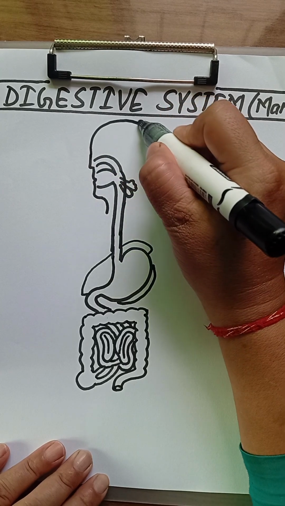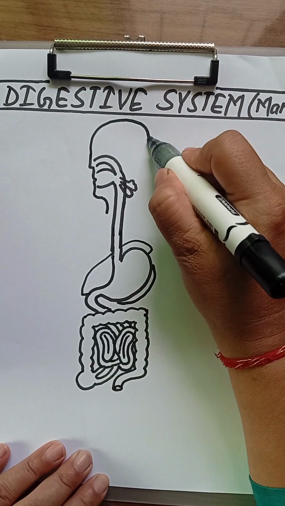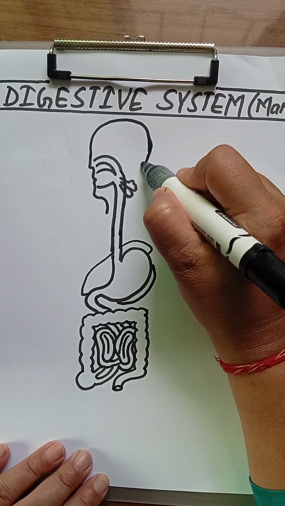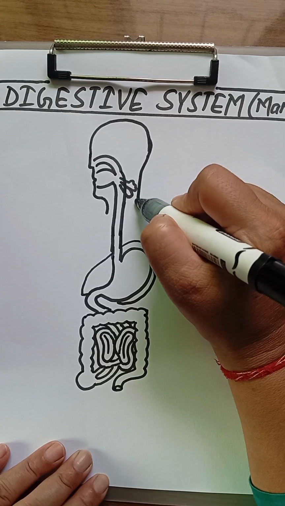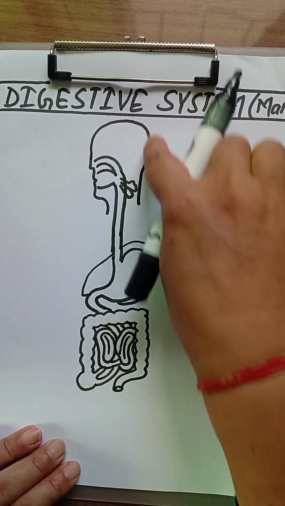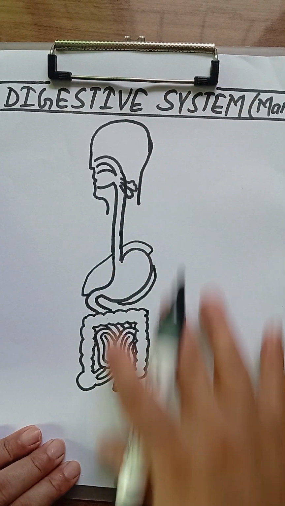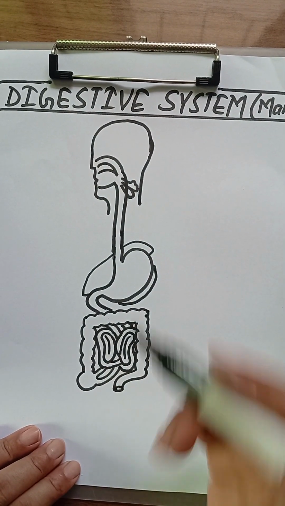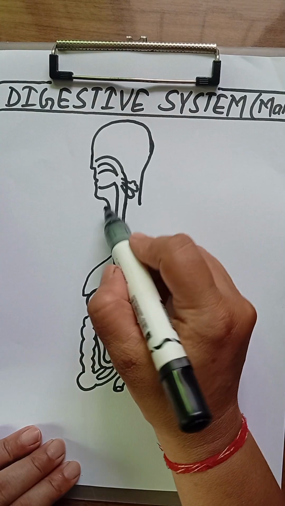And just make the cranium or skull head like this and run downward like this. This is the neck region. This sketch is not compulsory in the diagram of the alimentary canal. However, you can make it.